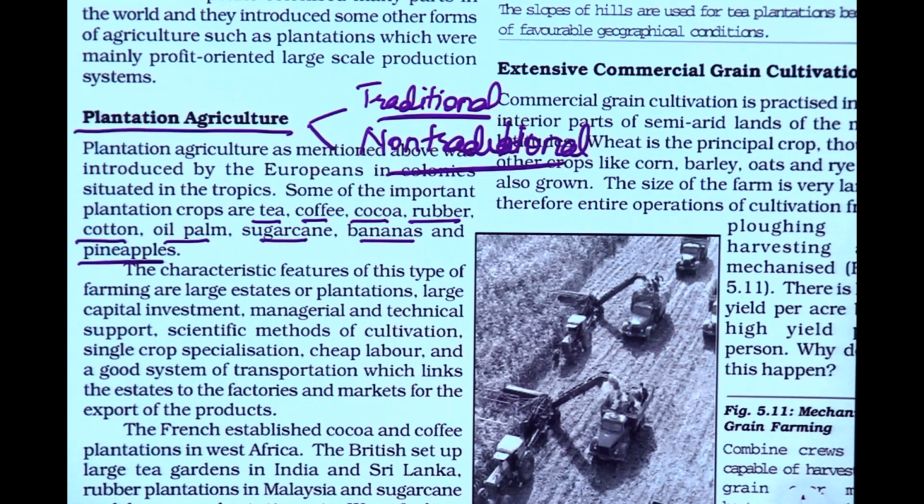Now, which type of agriculture is plantation agriculture? It is also essentially crop culture. We are cultivating crops, but the crops are cultivated which will give us yield.